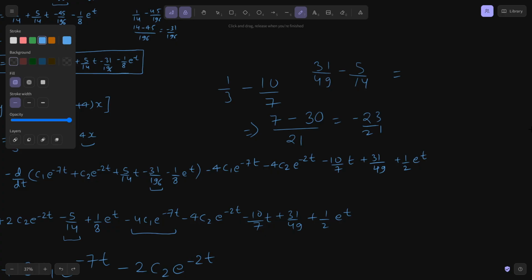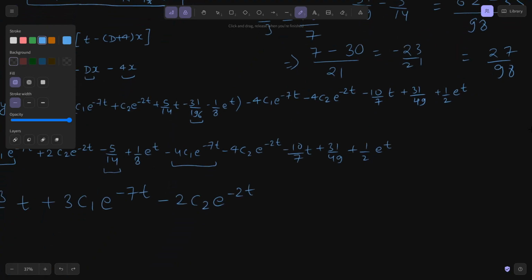So if I take LCM, 49 times 2 is 98, so 62 minus 35, which is 27 by 98.